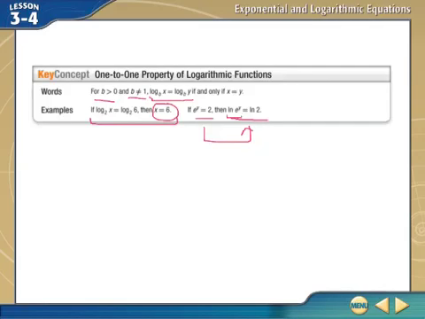So the power of y can be brought out in front using the power property of logarithms, and you would get y times the natural log of e is equal to the natural log of 2. And ln of e is equal to 1, so y is equal to the natural log of 2.